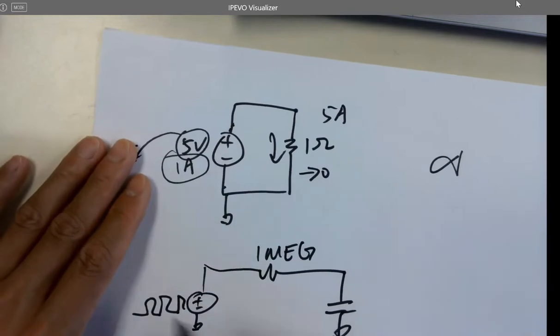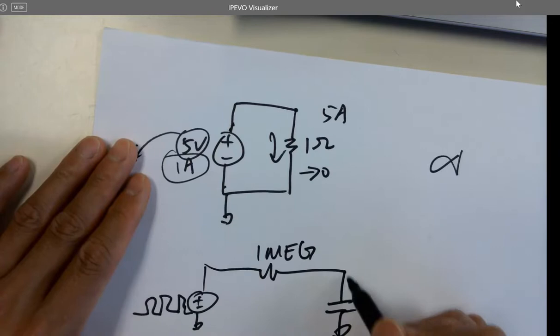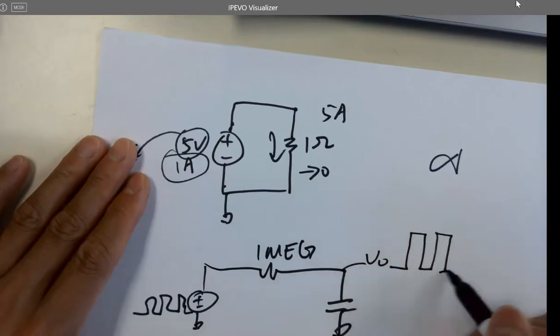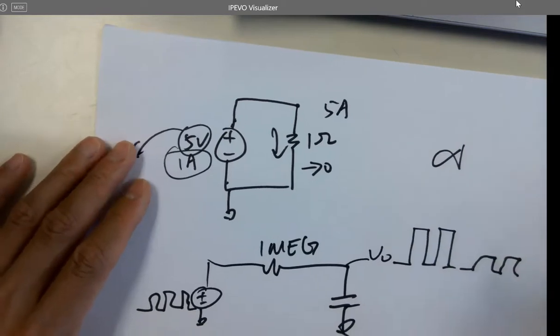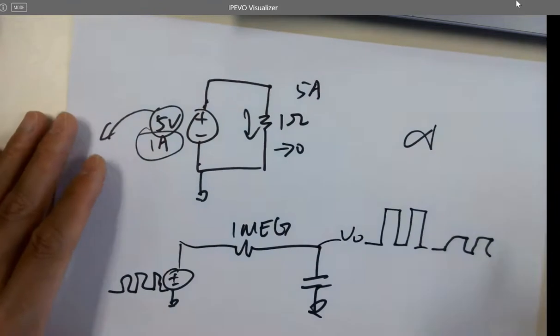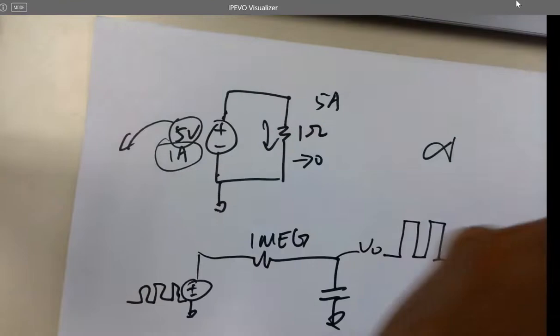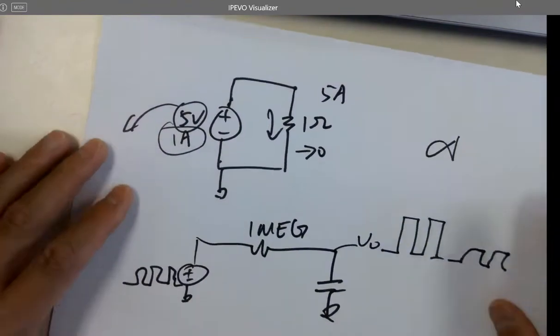Okay. When you toggle this source, do you think you can toggle this cap's voltage really easily, with sharp edges, or is it going to be like this? Won't be able to charge it up. Which one is most likely to be seen?